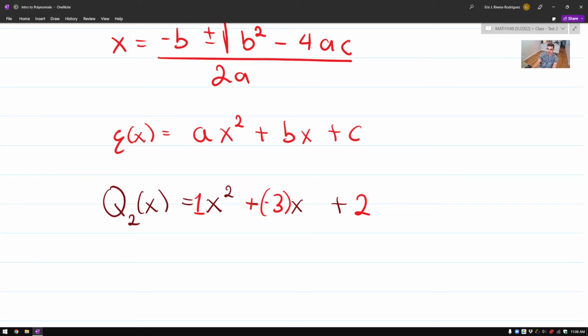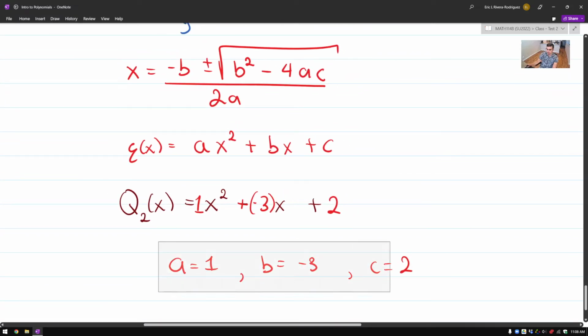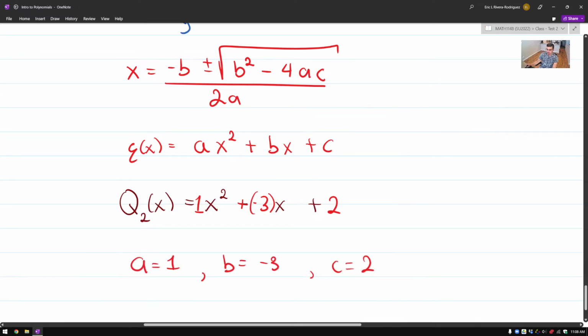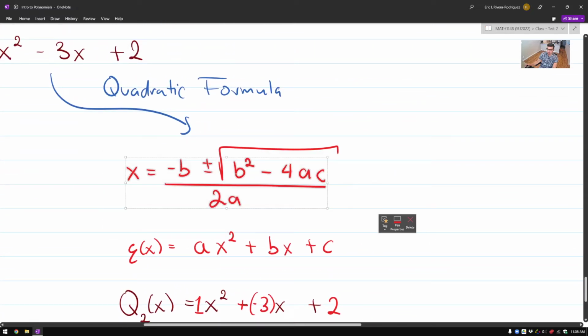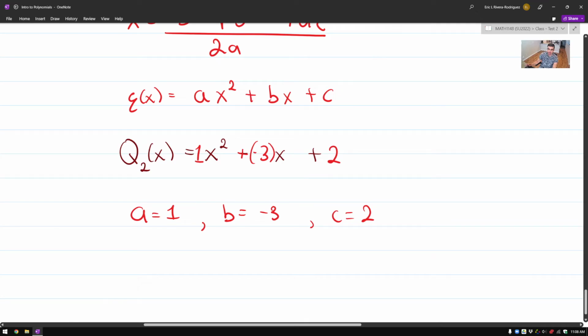So the values for a, b, and c for Q sub 2x are: a is equal to 1, b is equal to negative 3, and c is equal to positive 2. With these values, now what we need to do is just take this formula and plug in those values.